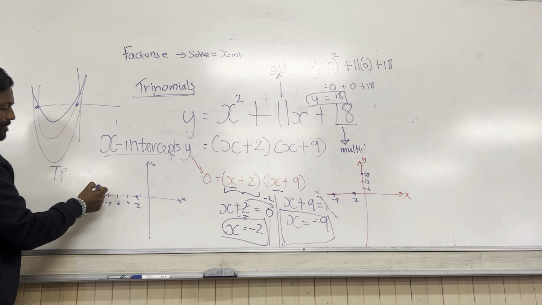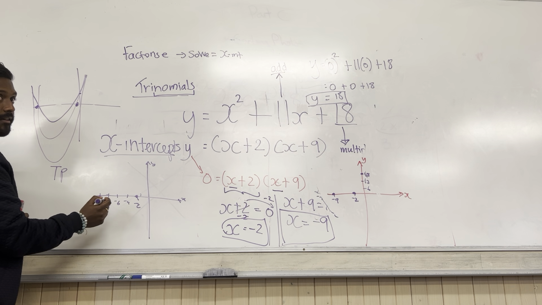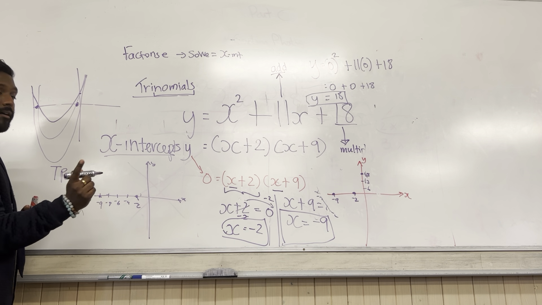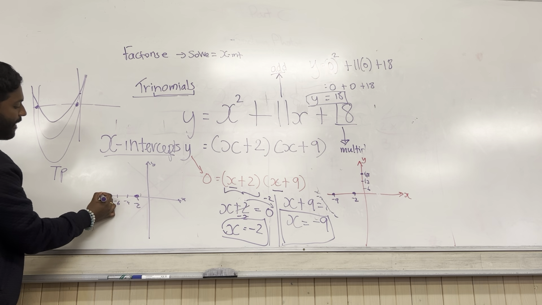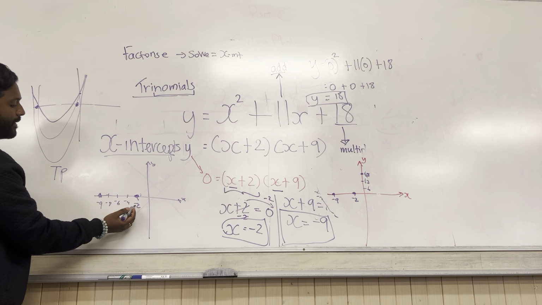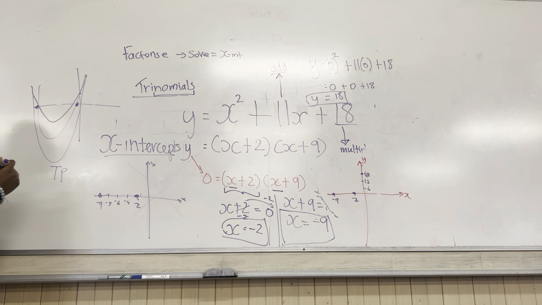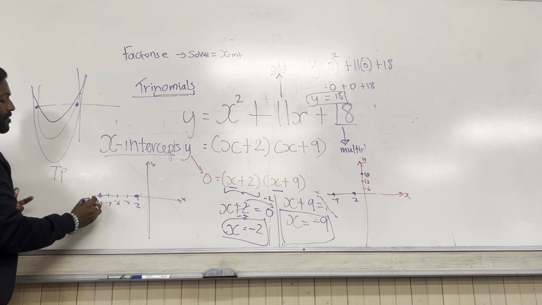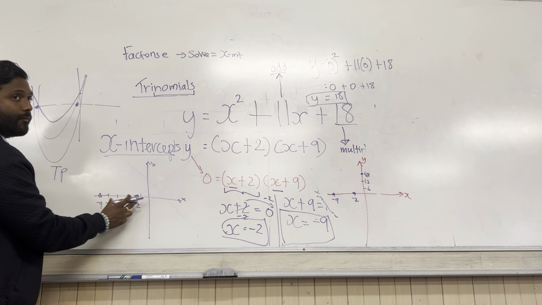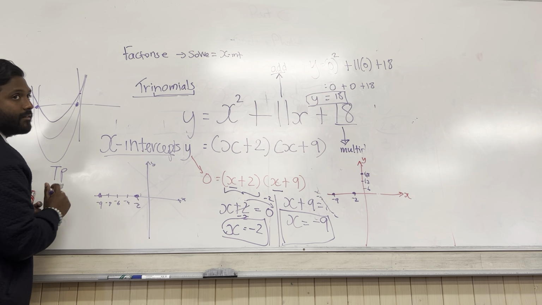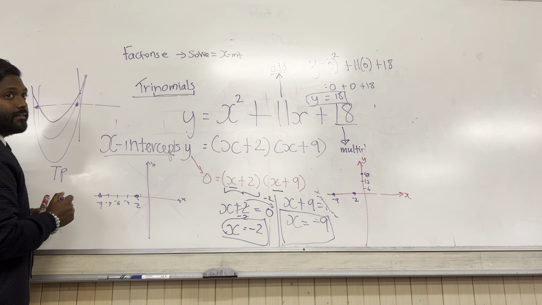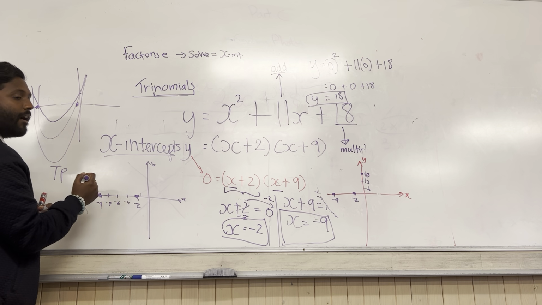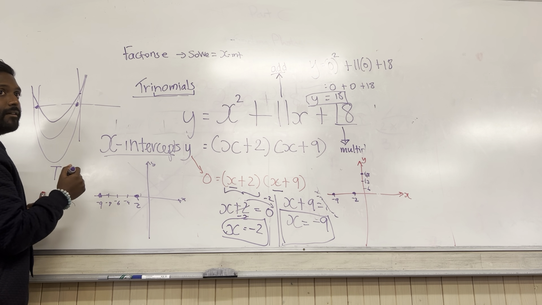Around the middle. Well done. So how do you find the middle between negative 2 and negative 9? Just subtract. What's the distance between them? 7. Then how do you find the halfway point of 7? What's a half of 7?